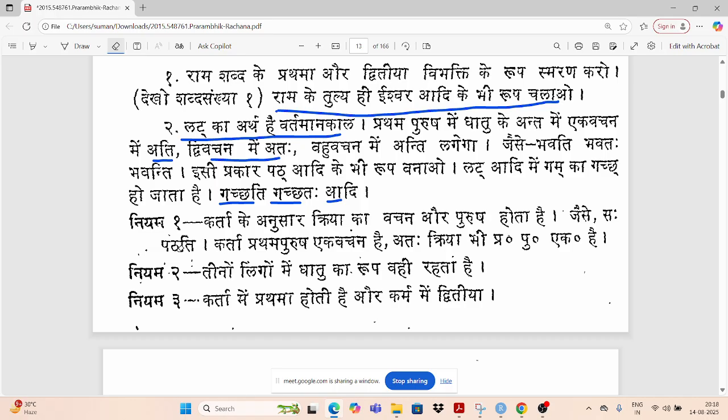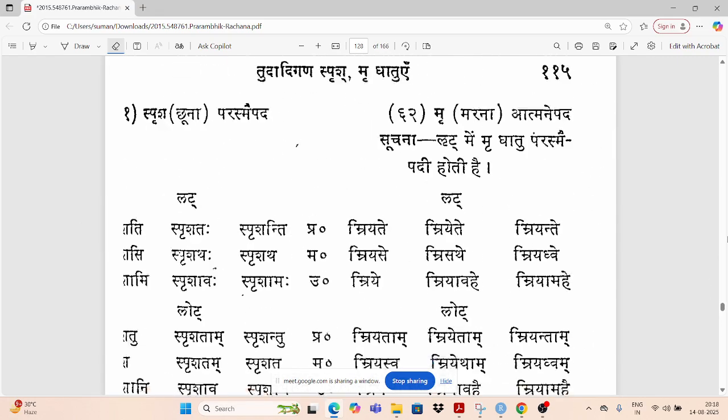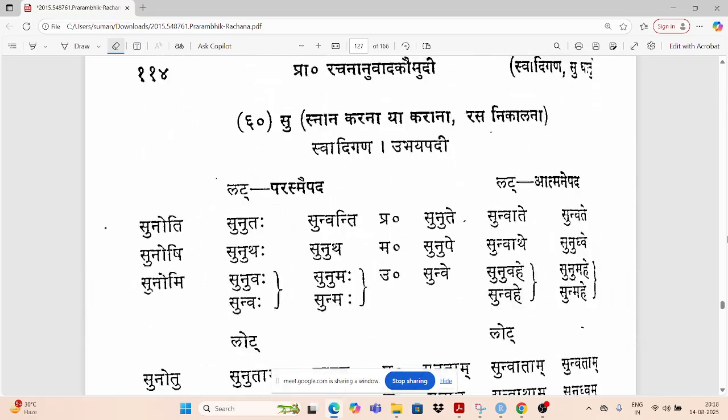The other kind are aham, tvam. As I said, there is prathama purusha of a dhatu. There are other purushas also, and we should go and see this once. So I will just take any random dhatu for the time being.